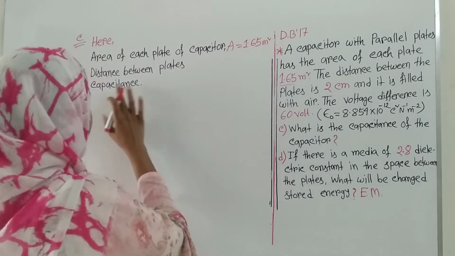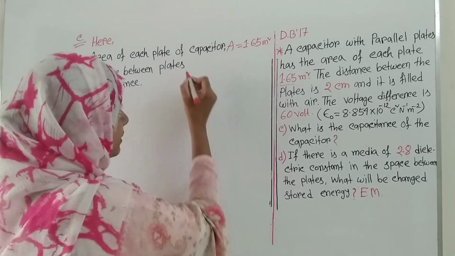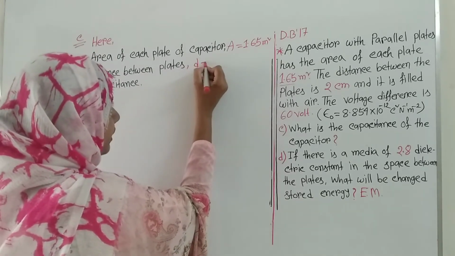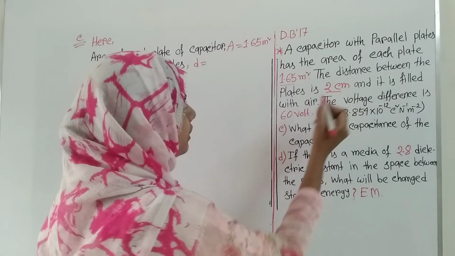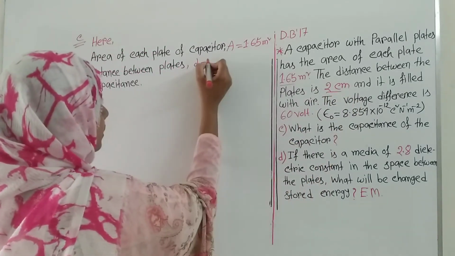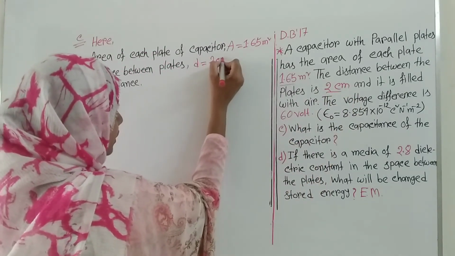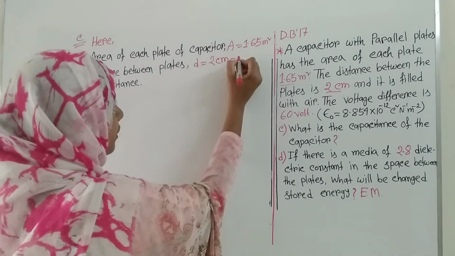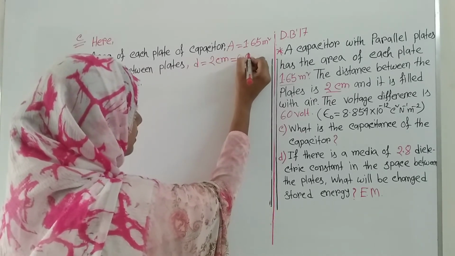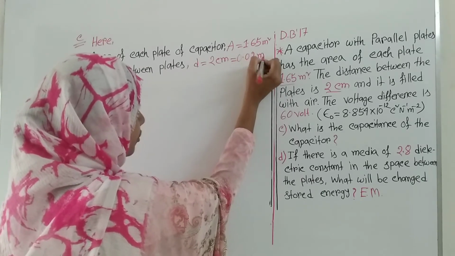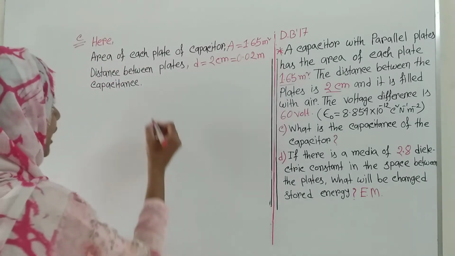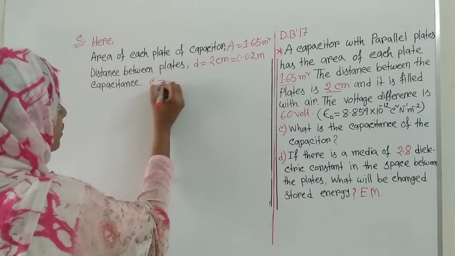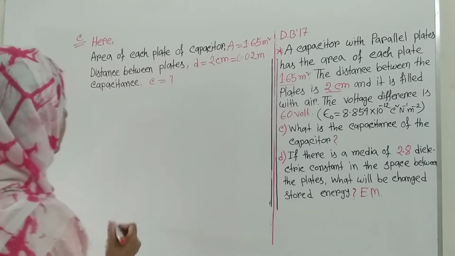Now distance between plates, that is the value of D, is given 2 centimeter. So you know that we have to convert centimeter to meter, and the value will be 0.02 meter.